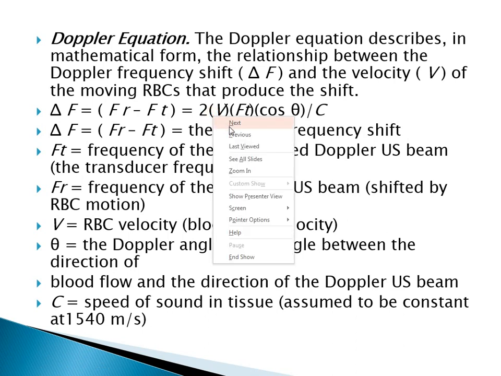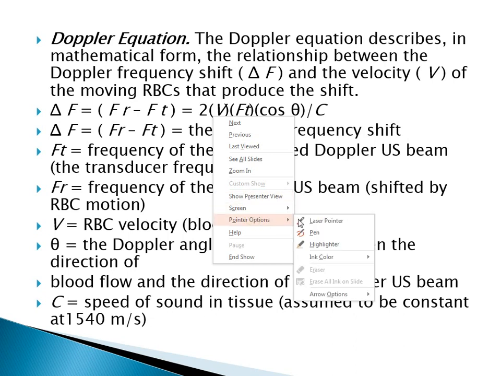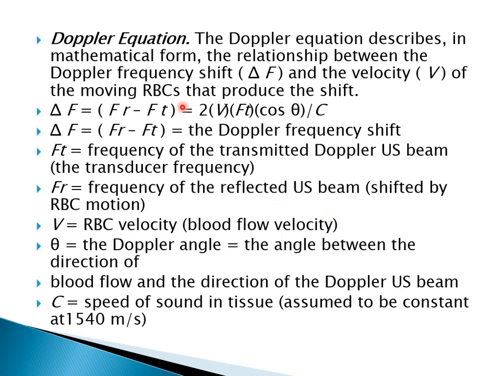The other one is equal to 2 times the blood flow velocity times the cosine of the Doppler angle over the constant speed of sound in the tissue, which is 1540 meters per second. This is something theoretical about how we measure the Doppler frequency shift.